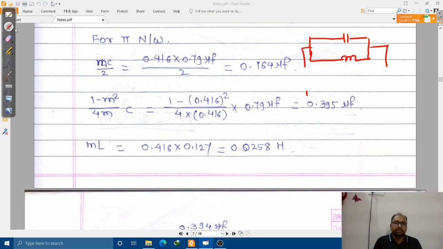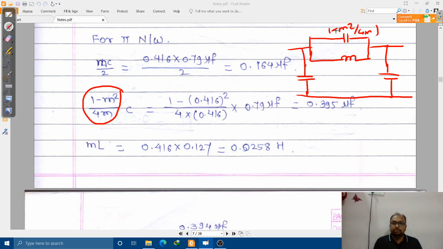It is capacitor. So remember that we are designing low pass filter. So for low pass filter, capacitor must be in shunt only. Now this is nothing but (1 minus M square) divided by 4M into C, right? This is nothing but ML. This is nothing but CM by 2, right?